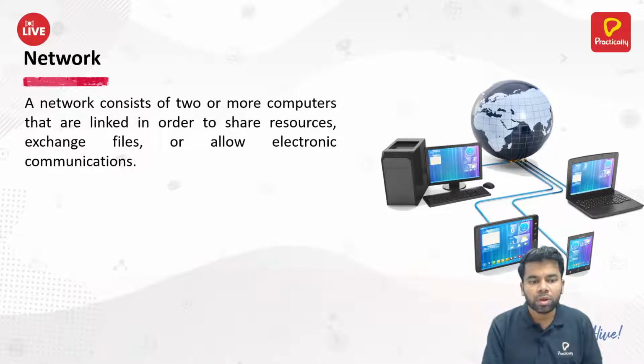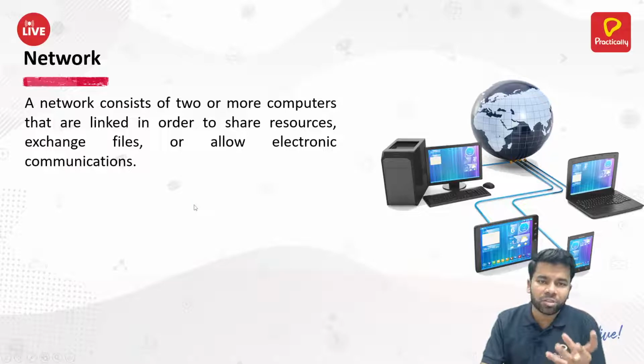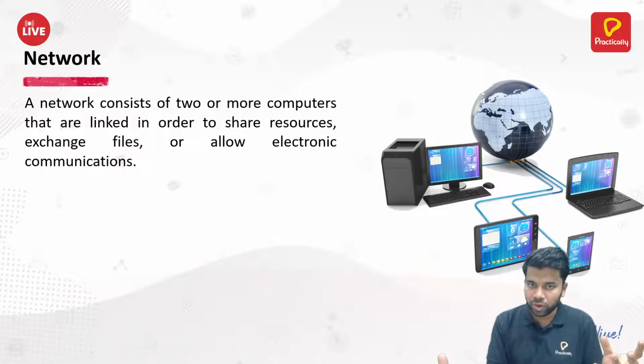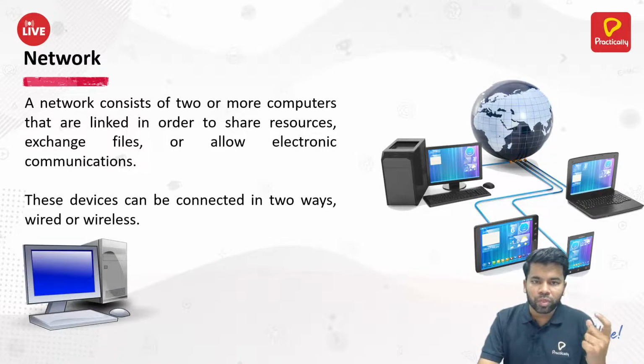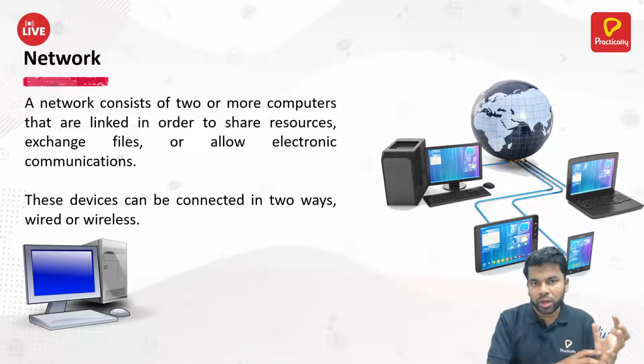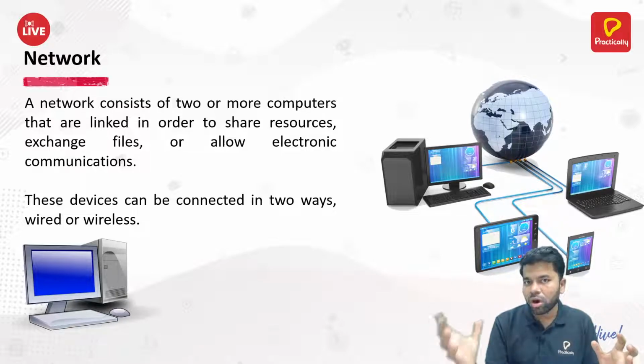Now, how is a network connected and how is information transferred from one device to another? Suppose this is our network, and this is a device. We want to connect this device to another device on the network.